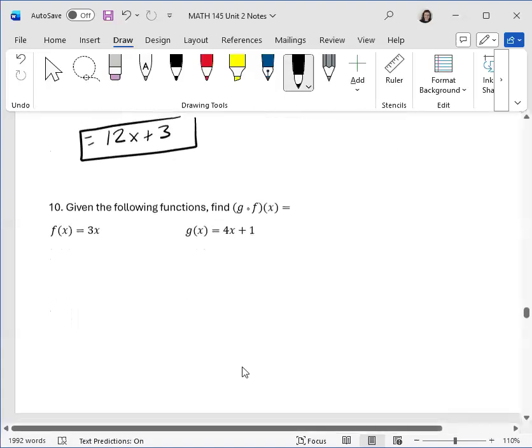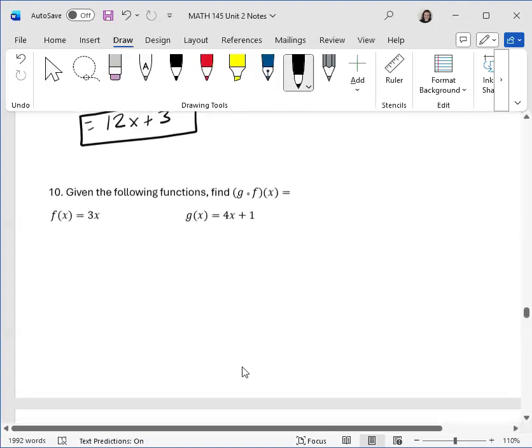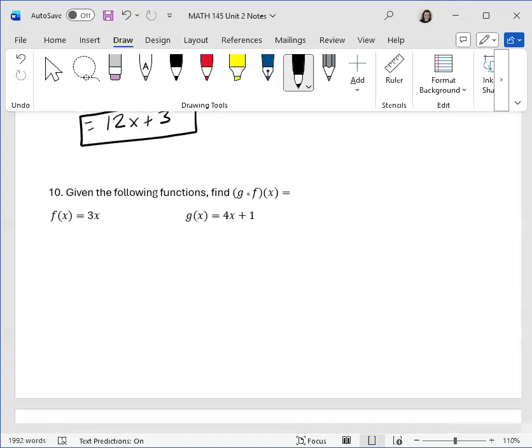Okay, the next example and the last example, we have g of f of x. I'm going to rewrite that. So we have g of f of x as our alternate expression. This is asking me to substitute f of x first.